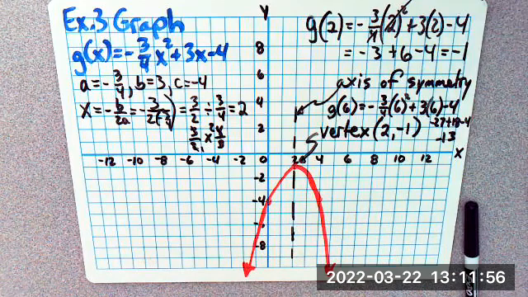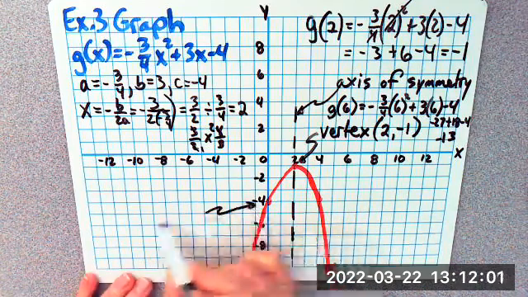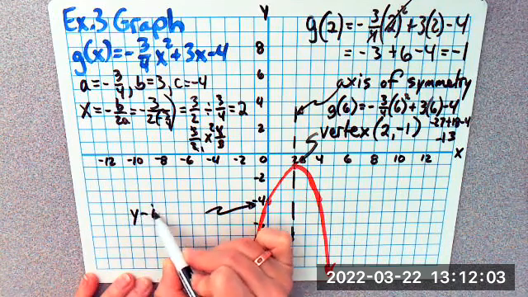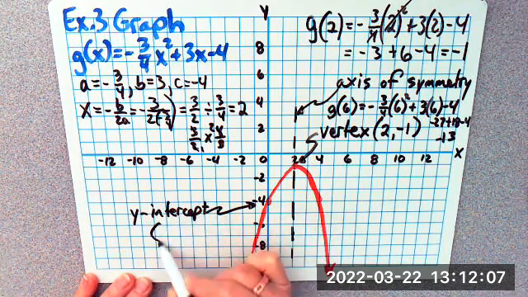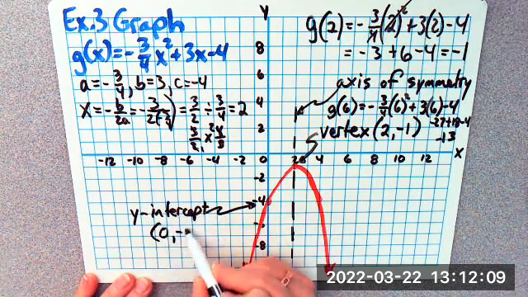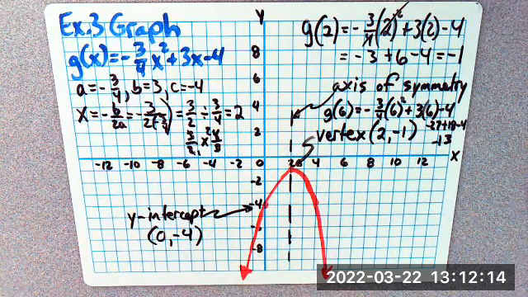And we want to mark our y-intercept. So the y-intercept is going to be 0, negative 4. And there you have it.